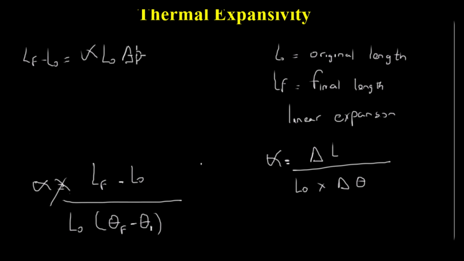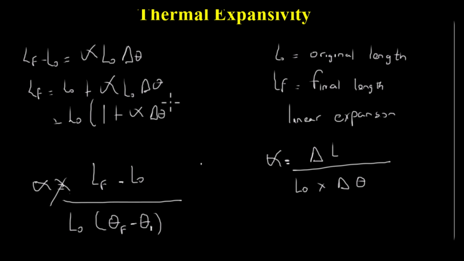Okay, change in theta. If I want to write this as change in theta instead of theta final minus theta initial, and looking for LF, so LF becomes L naught plus alpha L naught change in theta. If I factorize, I have L naught in the bracket of 1 plus alpha change in theta.